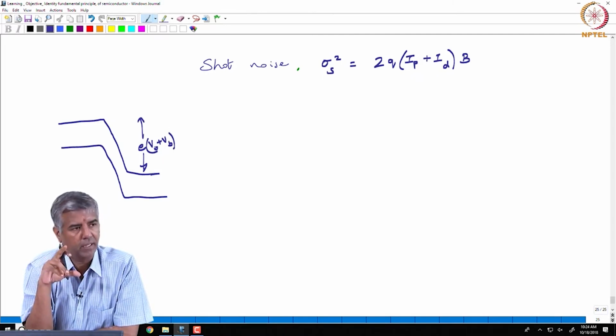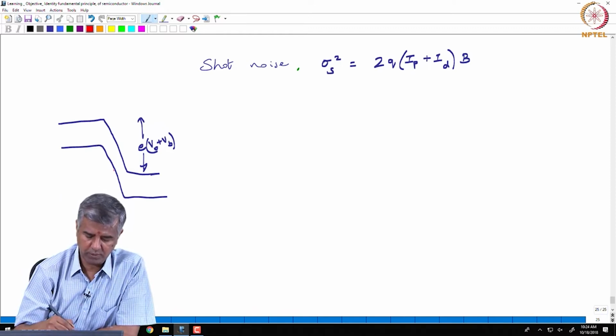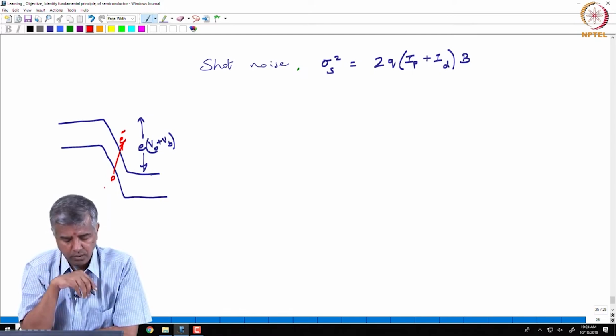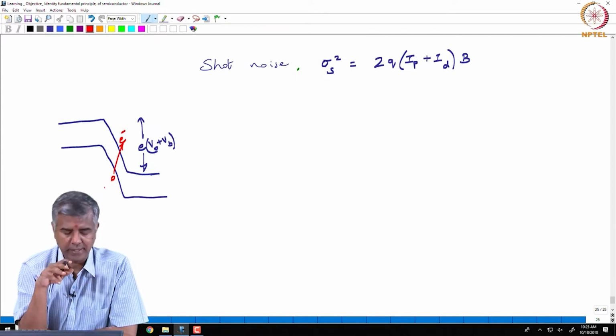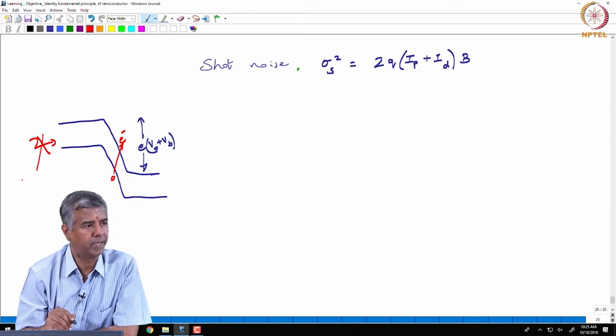The barrier height keeps on increasing with higher reverse bias, and in this sort of scenario, even at room temperature, you might have an electron jumping from the valence band to the conduction band, and so this is a case where there is no photon going in, right. So, it is dark.